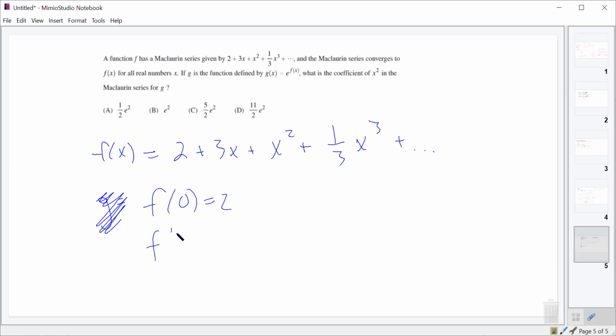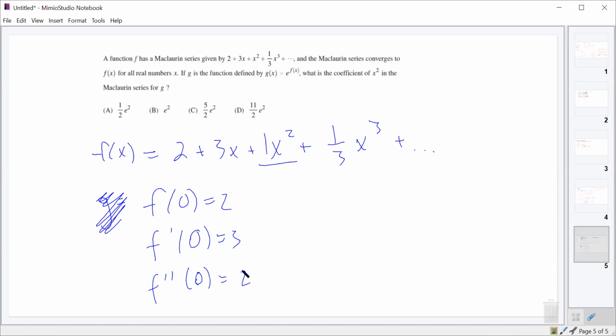F prime of 0 ought to be 3. F double prime of 0: our coefficient here is 1, but normally this would be over 2 factorial. So f double prime of 0 needs to equal 2 factorial, so f double prime of 0 needs to be 2.